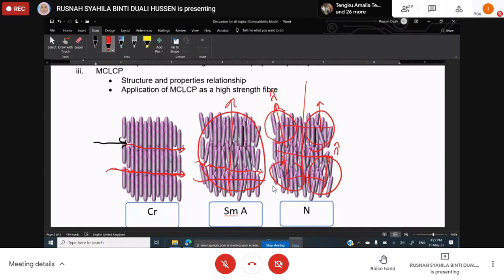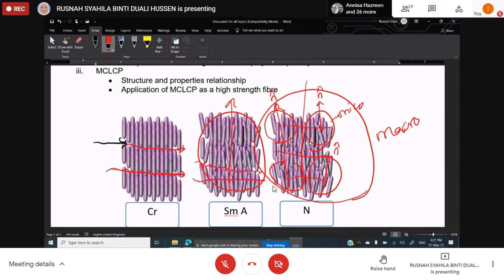good as in smectic, but you can see that macroscopically, and this is microscopically. When you look at this, if we want to break it, it's actually not as simple as in crystal or in another type of liquid crystal phase.